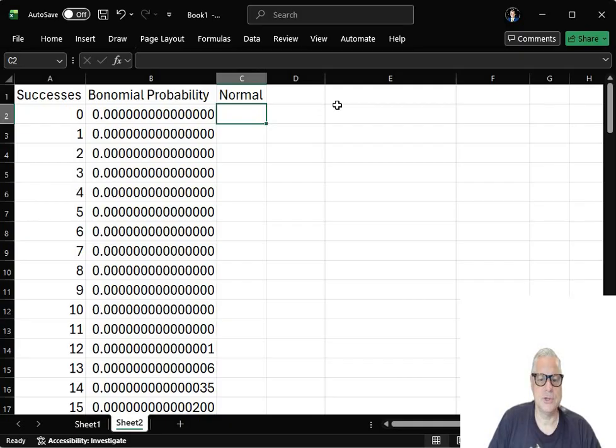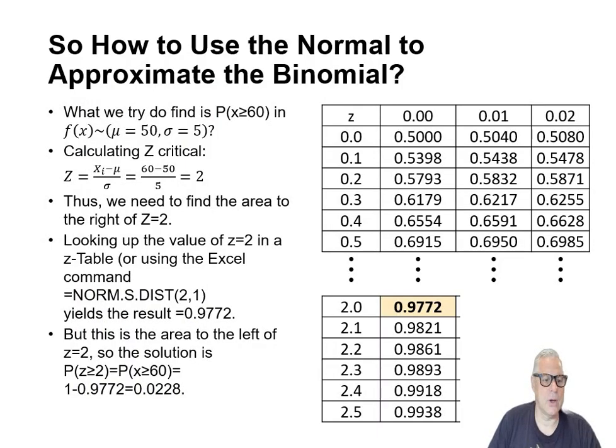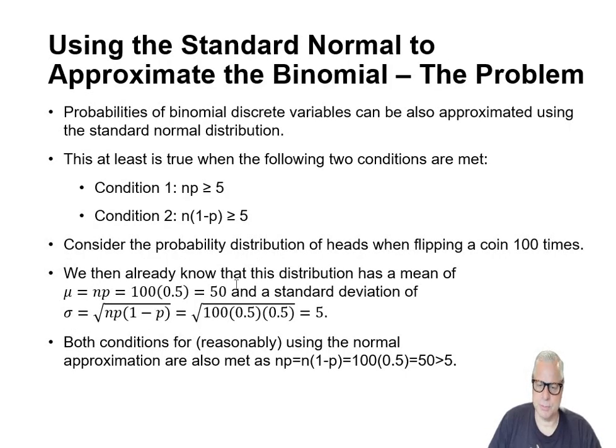And the normal distribution has, as we said earlier, we know that our data here has a mean of 50 and a standard deviation of 5. So now I want to draw in Excel a normal distribution with mean 50 and a standard deviation of 5. So let's go back to Excel.